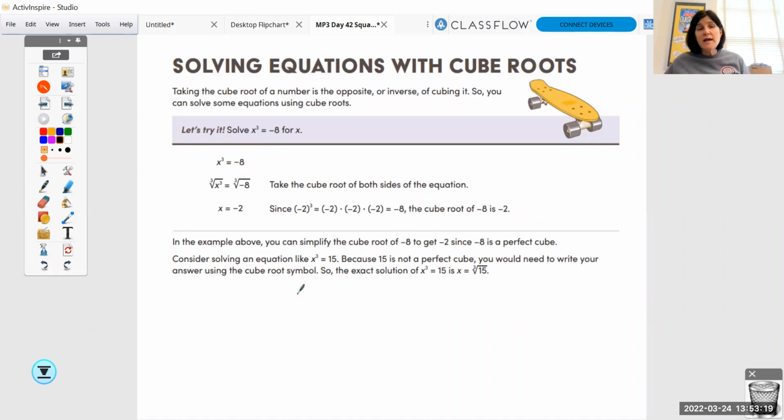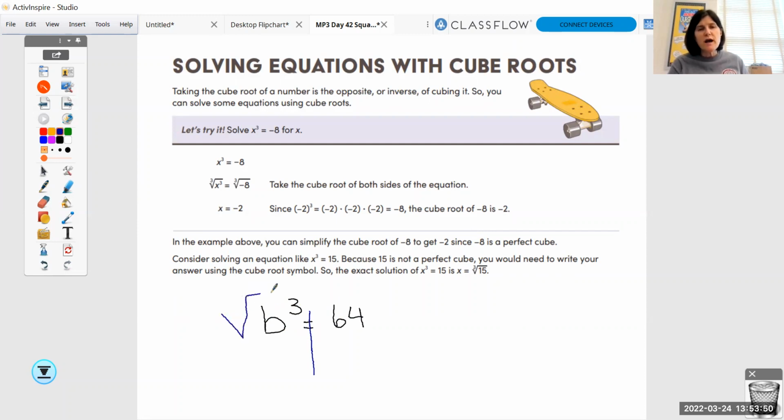So let's try two of these together. I think we will try, let's try the first one, which is b to the third equals 64. All right, we're solving this, so we have to undo the third, the exponent 3.